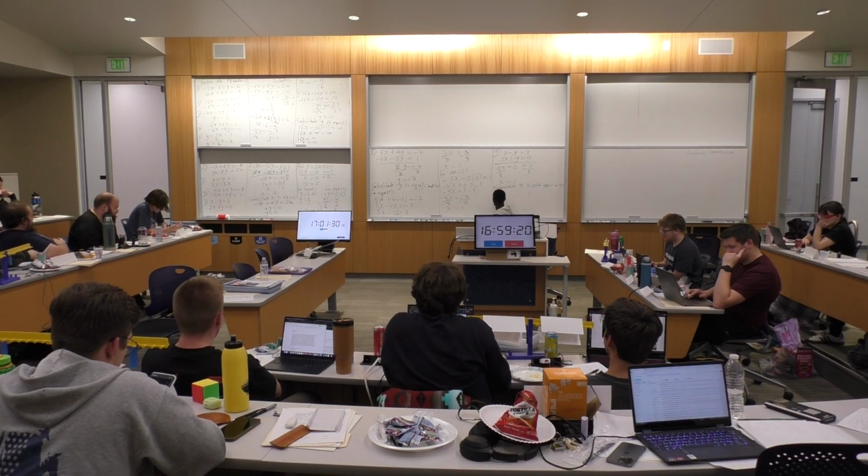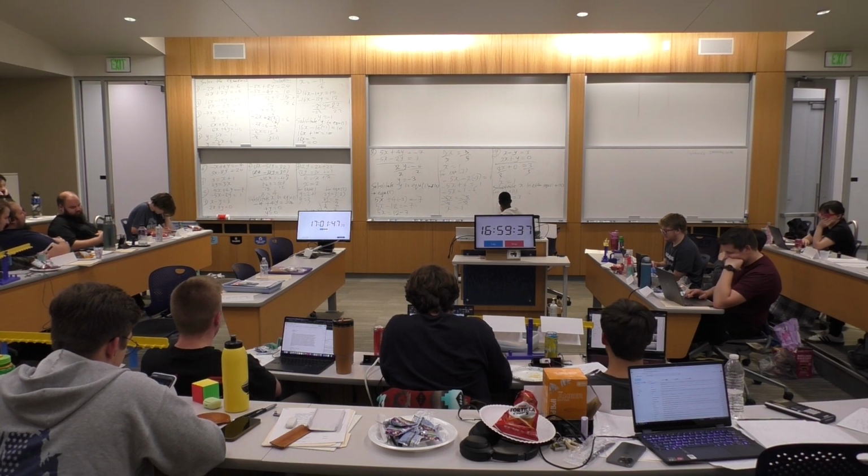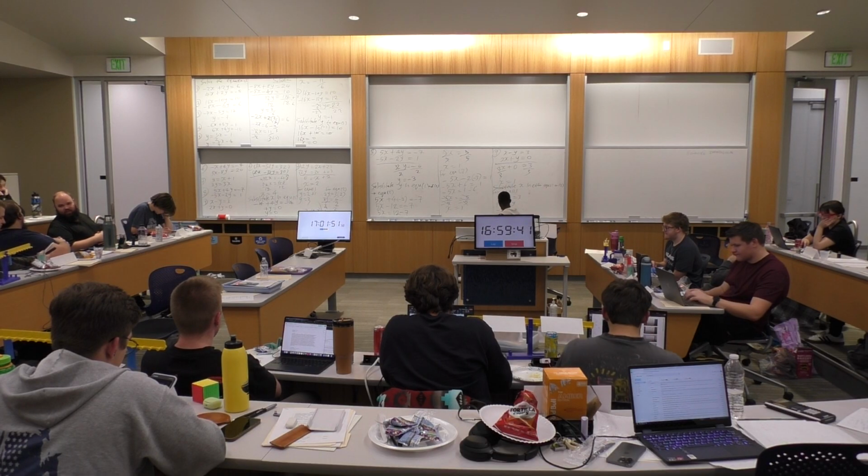So for equation 1, we have 1 negative y equals 3. Negative 1 negative 3 equals y. We have negative 2 equals y. So y is negative 2 here.